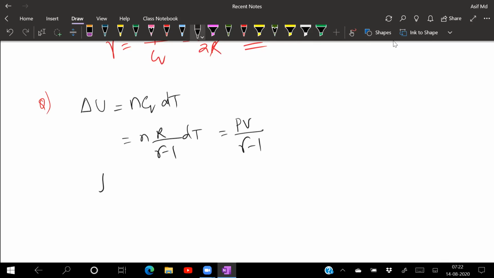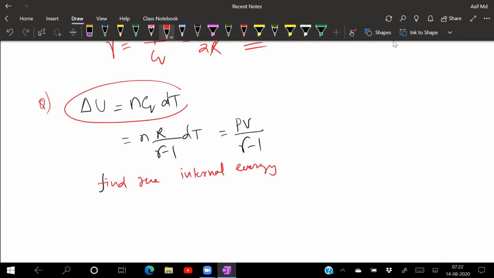Okay. The question is to find the internal energy. This is the thing you need to remember better: n into Cv into dT is the general formula. Whatever they are asking, that is what we need to remember. They may be giving you questions in terms of degrees of freedom or in terms of gamma, because in specific heats we write in terms of gamma.